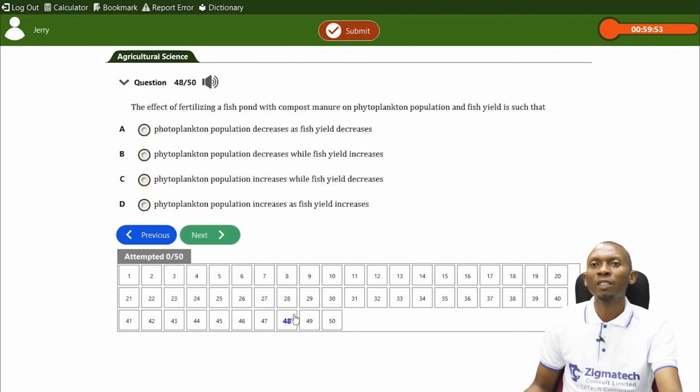This question says, the effect of fertilizing a fish pond with compost manure on phytoplanktons, which are microscopic plants or microalgae, population and fish yield is such that A, phytoplankton population decreases as fish yield decreases.